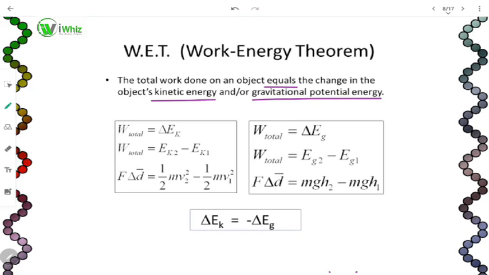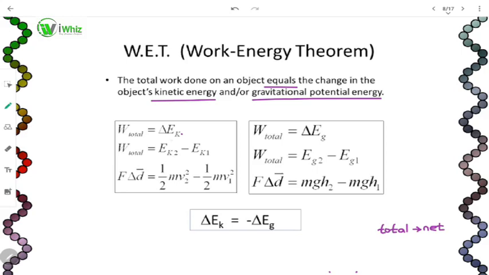Remember, we want to have a look at the different formulas that we can use. We can look at the work total or the work net. Wherever we see the word total, we want to associate that with the word net. So work net is equal to the change in kinetic energy.